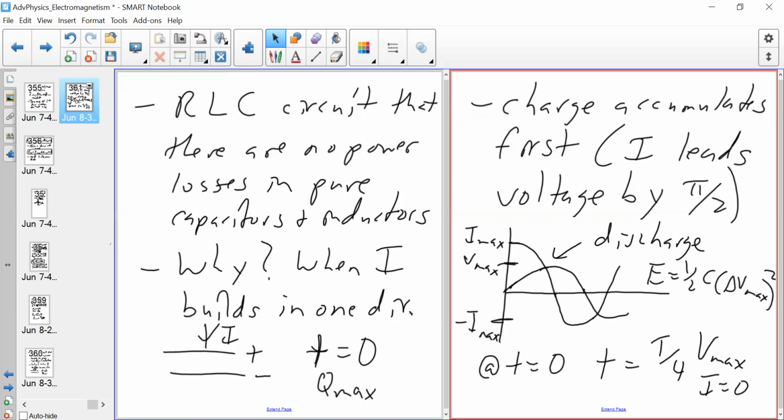And then at t equals halftime, the current is maximized, and we have no voltage. So we just keep cycling through alternately for both of these quantities. The sum total of everything is 0. So the power loss is 0.